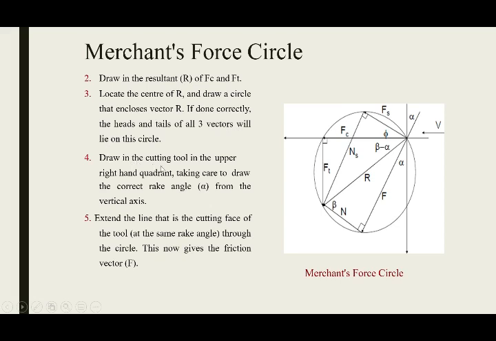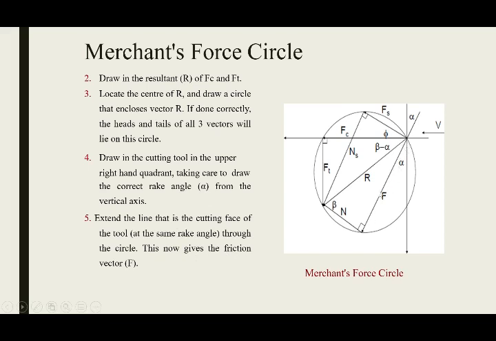Next, draw the cutting tool in the upper right hand quadrant, taking care to draw the correct rake angle alpha from the vertical axis. Now alpha is the rake angle, so this is the normal. Draw a line which will indicate the tool face. That will be angle alpha. We have drawn angle alpha, so extend this line up to the circle.